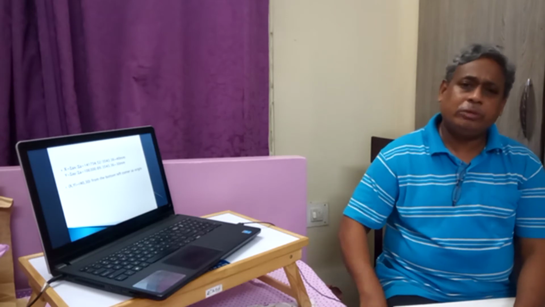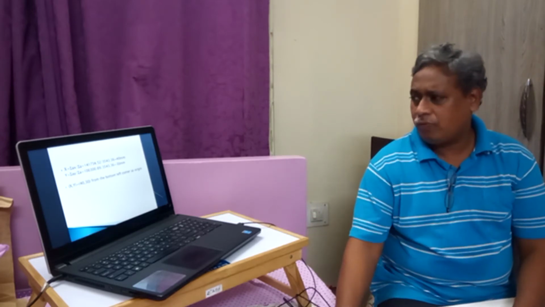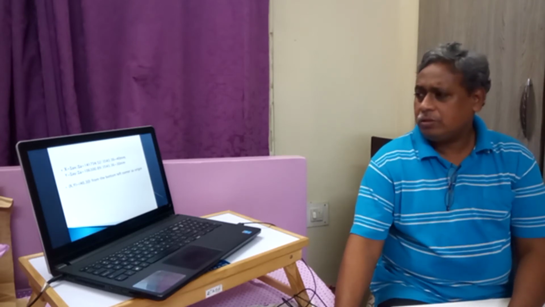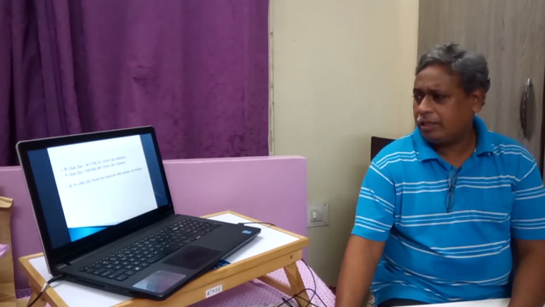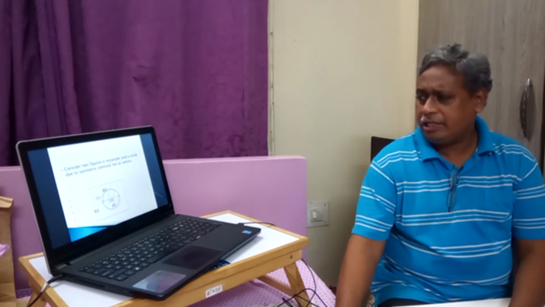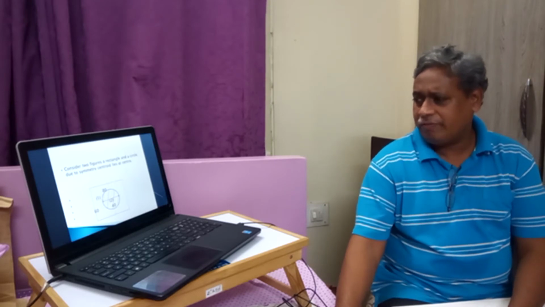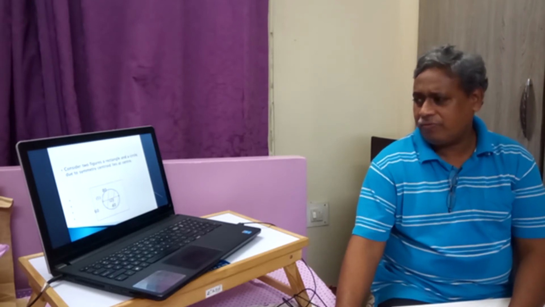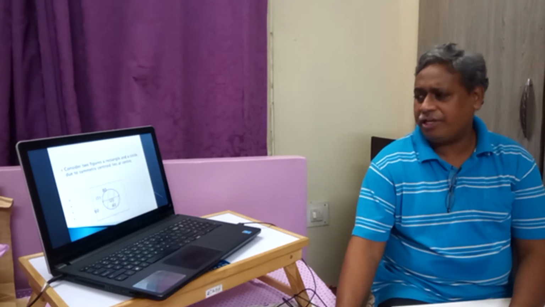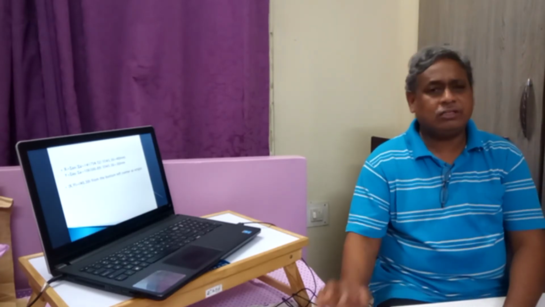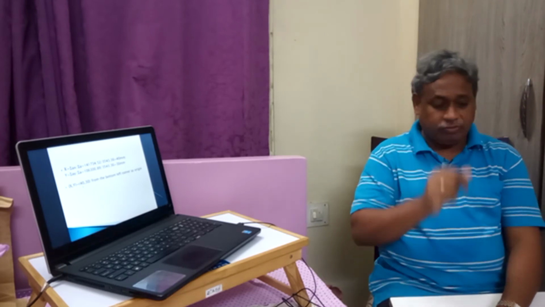In both cases we have the same result, that is 40 and 30. In the figure, the centroidal axis is 40 from here and 30 from here. Therefore, in x direction it is 40, in y direction it is 30. So x bar and y bar are 40 and 30 respectively.